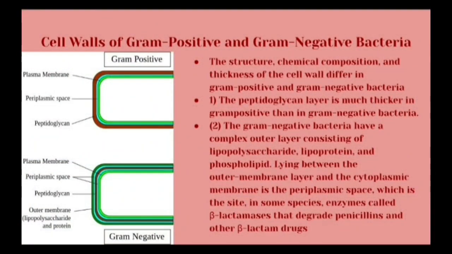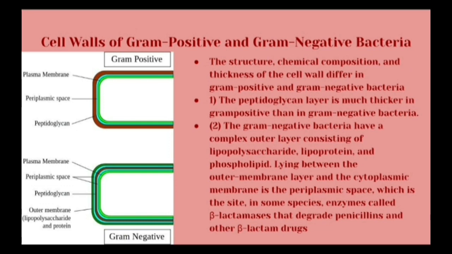Next part, the cell wall of gram positive and gram negative bacteria. I've put a picture which shows a gram positive cell wall and a gram negative cell wall. You can observe that the gram positive has a plasma membrane, a periplasmic space, and peptidoglycan as the outermost layer.